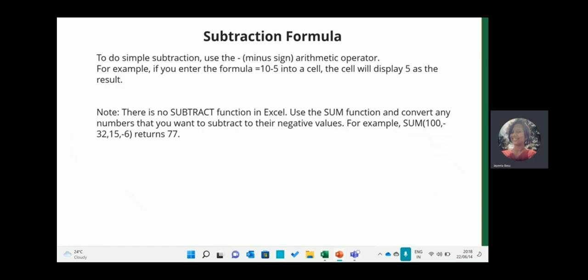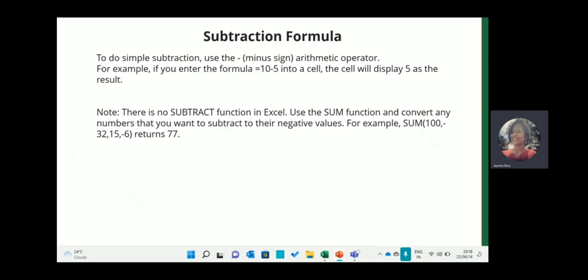So you can do double subtraction as well, depending on what your negative value is and what exactly is the value that you want. Because there is no subtraction formula doesn't mean that you cannot compute subtraction in Microsoft Excel, right?